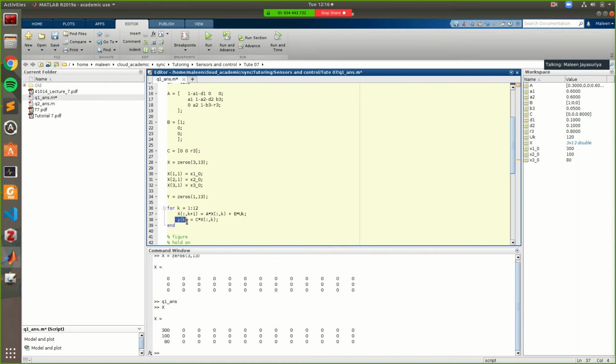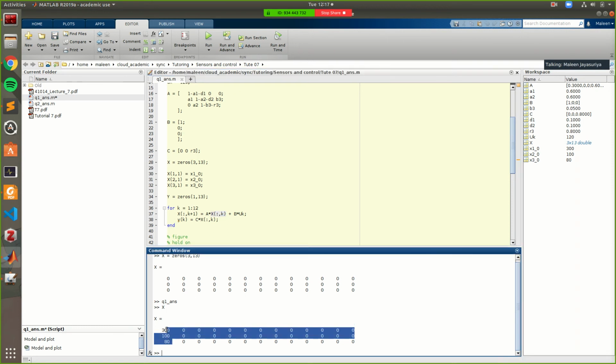And we're going to do the same for yk, and you can see here that we take the previous step. So for example, if I take k equals 1, we're going to start off with these as our initial states here, multiply by A, add B times uk, and store it in k equals 2.